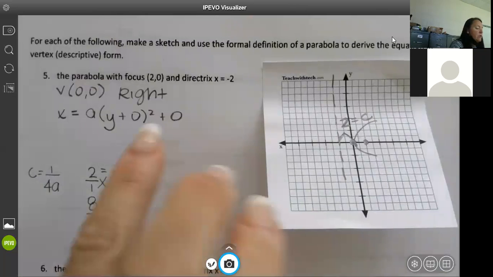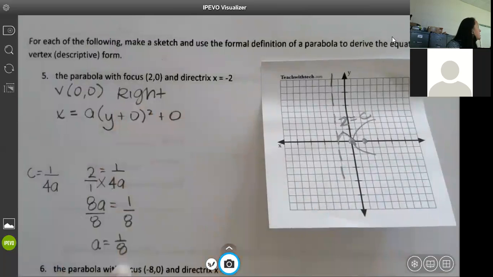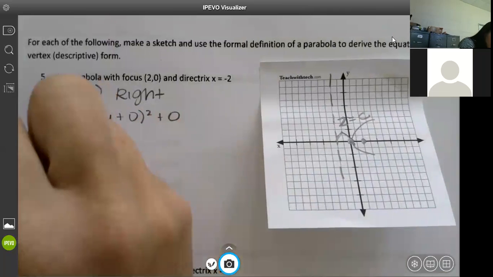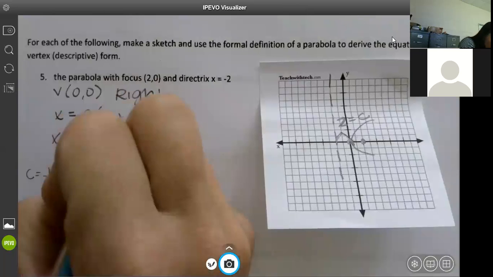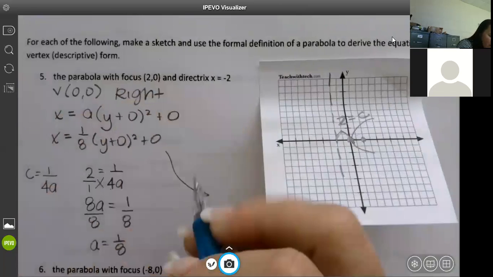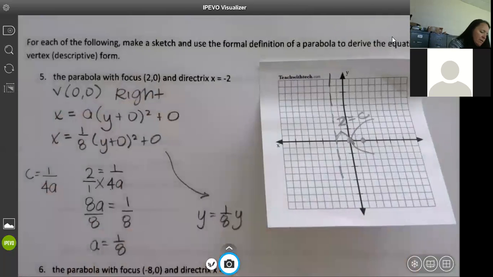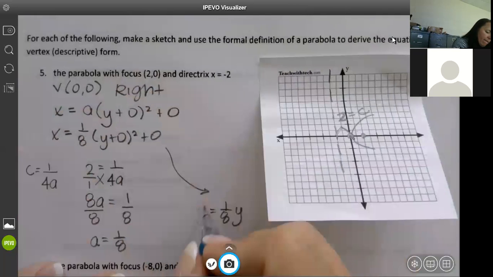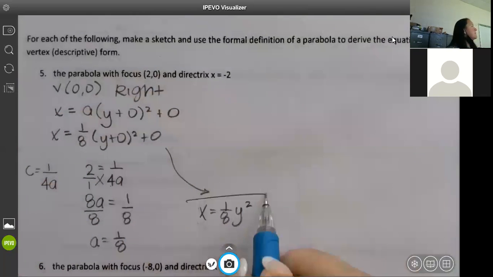Since it said it's to the right, we keep this number positive. If it were to the left, we just make it negative. So you do the same exact work, you just put a negative on it if it's facing to the left. So our final equation is x equals a positive 1/8 times y plus 0 squared plus 0, or you could even give me x equals 1/8 y squared. I do not care.